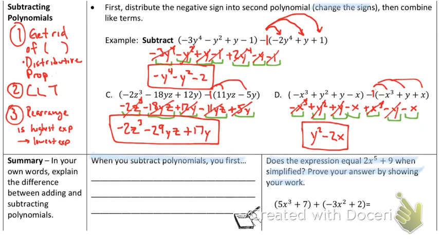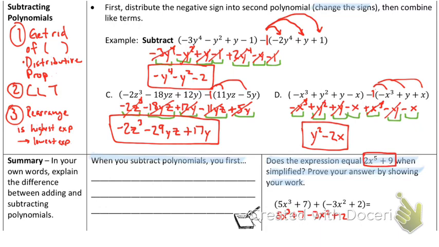There's no distribution required. We want to check, once we're all said and done working this out, if it's equivalent or the same as this guy up here. So let's work this out and see if they are the same.